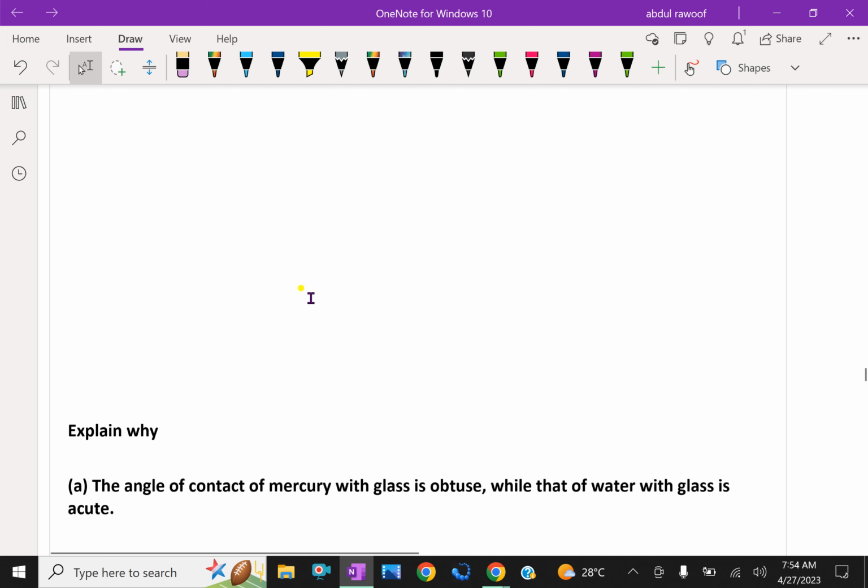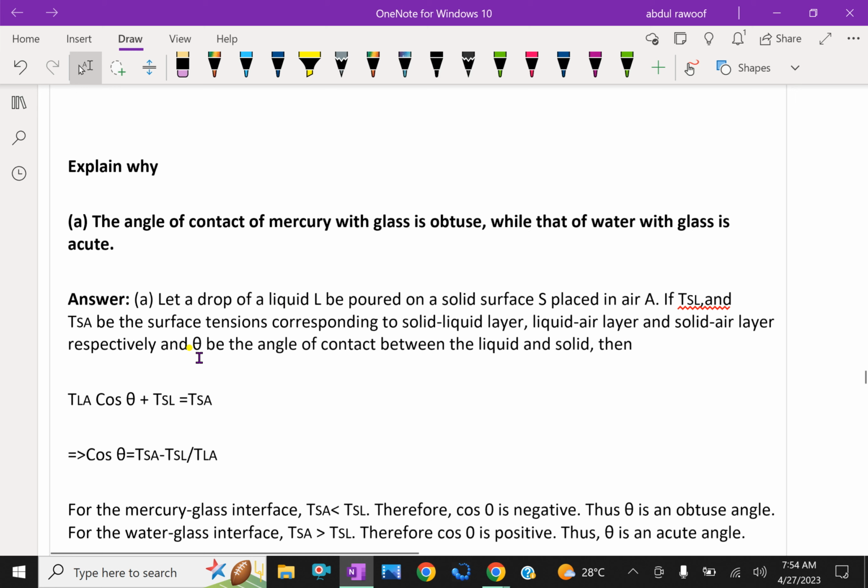Here, let a drop of liquid L be poured on a solid surface S placed in air A. Here TSL and TSA are the surface tensions corresponding to the solid-liquid layer and the solid-air layer, and theta is the angle of contact between the liquid and solid.